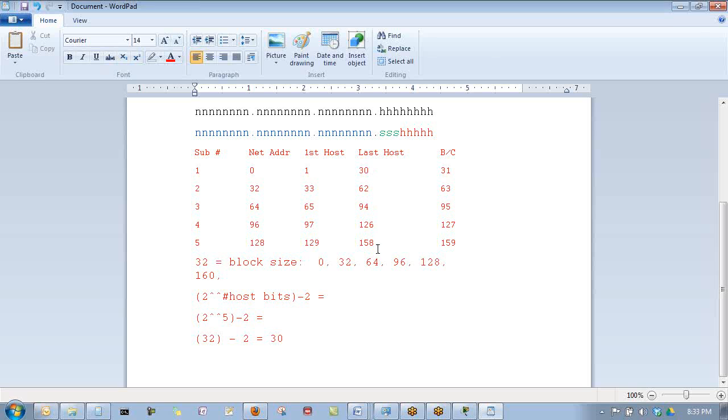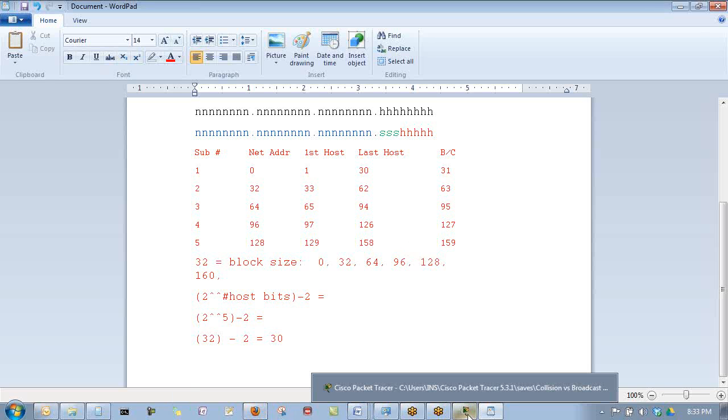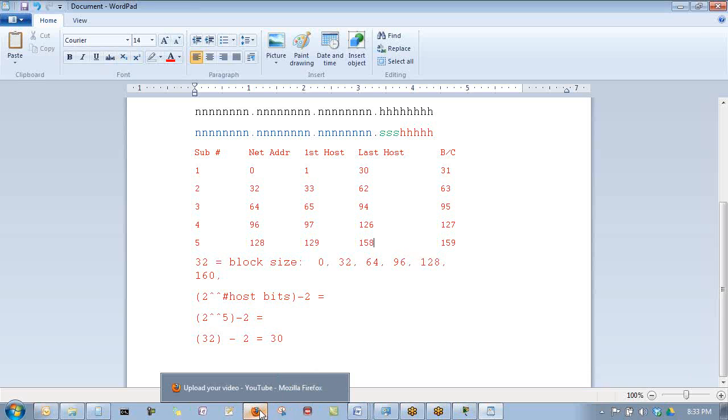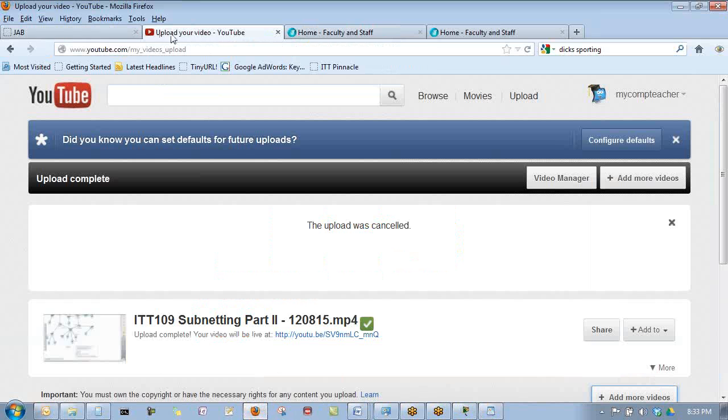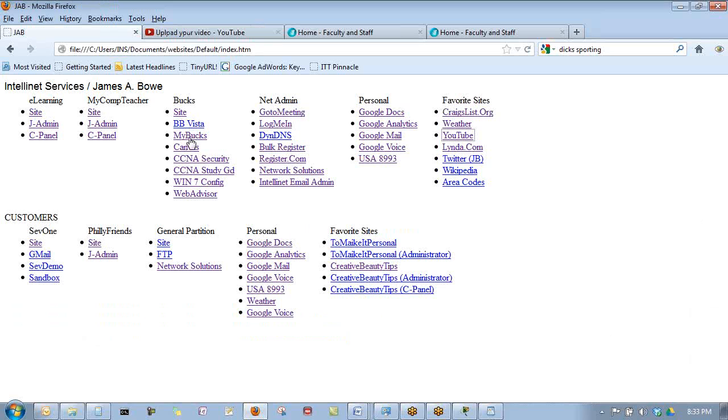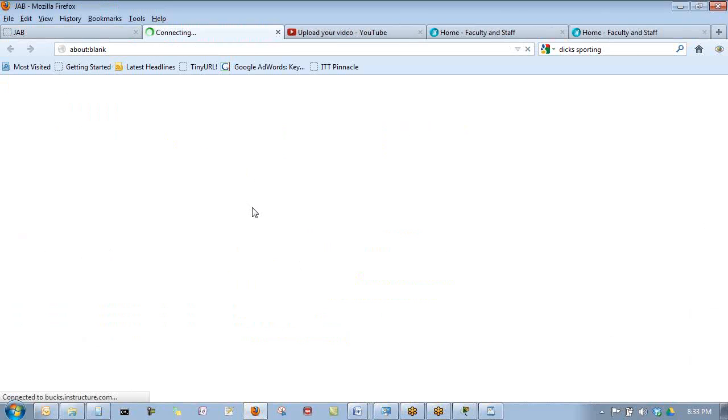Now, if you would like to practice subnetting, I can show you where you can get some excellent subnet questions. Let me just pull up my system here. Canvas.